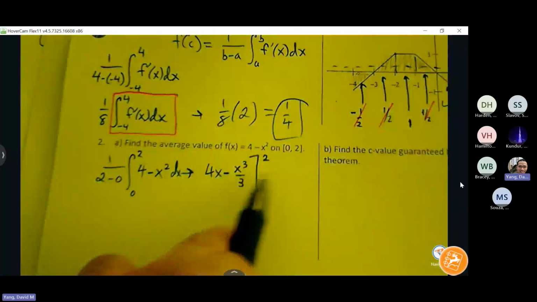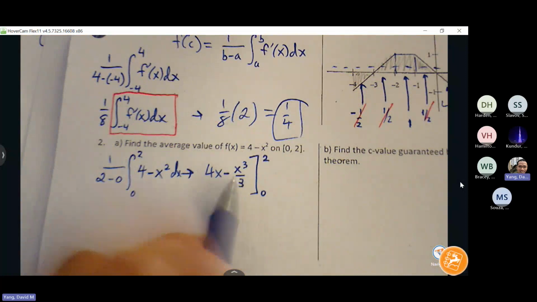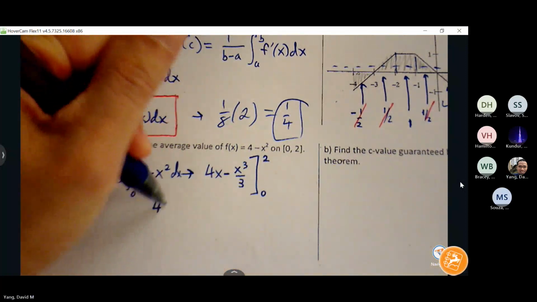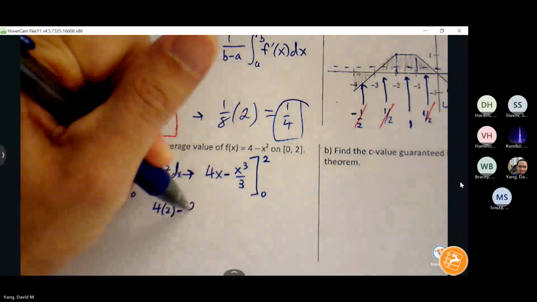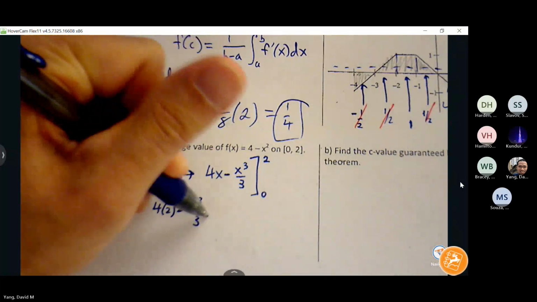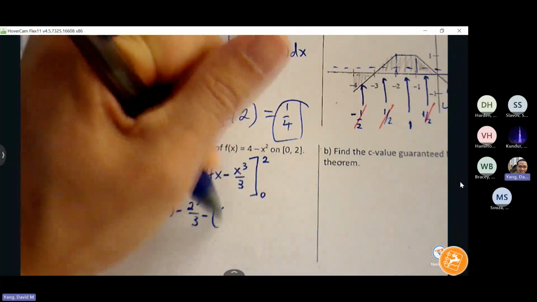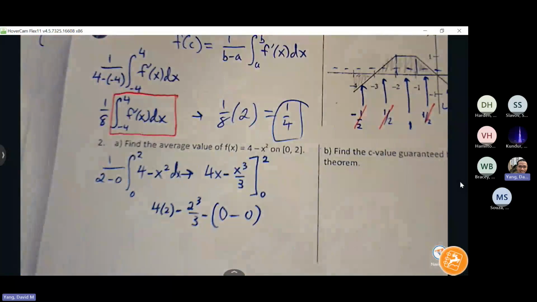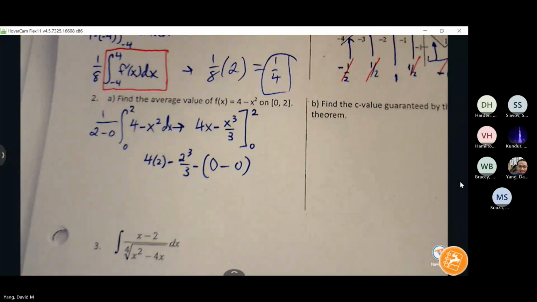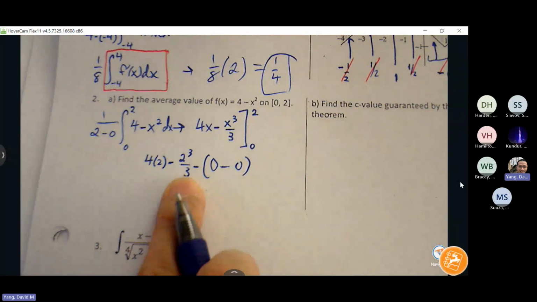Okay, upper bound first. 2 goes in for both of the x's. And then the 0 is going to wipe the terms out. Okay, so I'll get 8 minus 8/3.